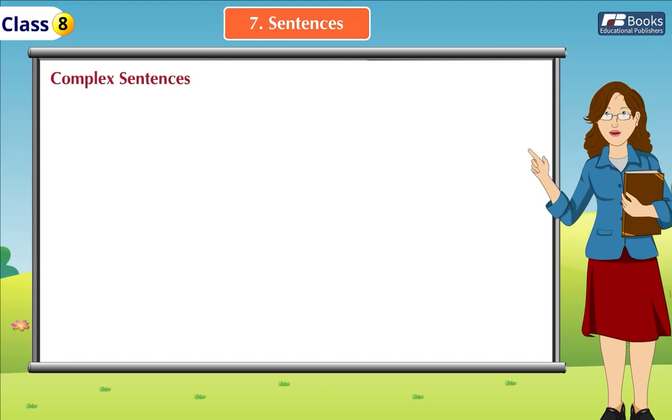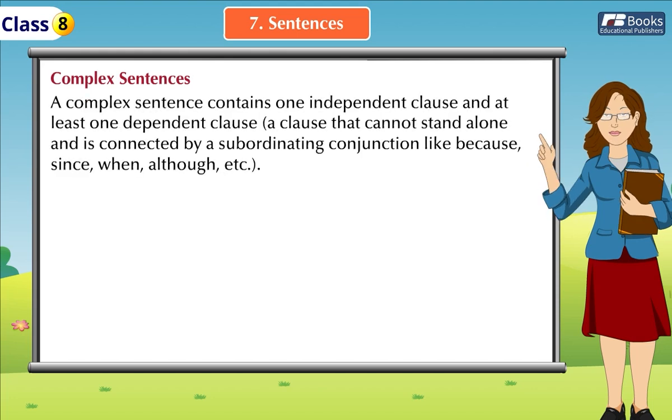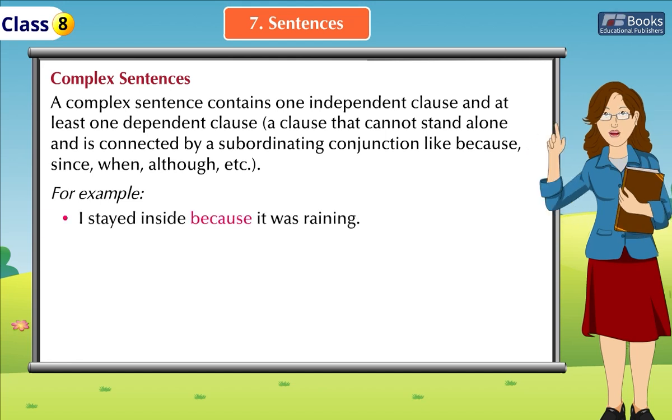Complex sentences. A complex sentence contains one independent clause and at least one dependent clause, a clause that cannot stand alone and is connected by a subordinating conjunction like because, since, when, although, etc. For example, I stayed inside because it was raining.